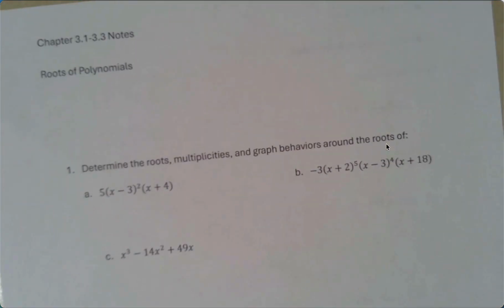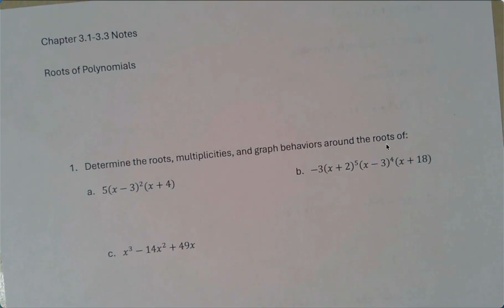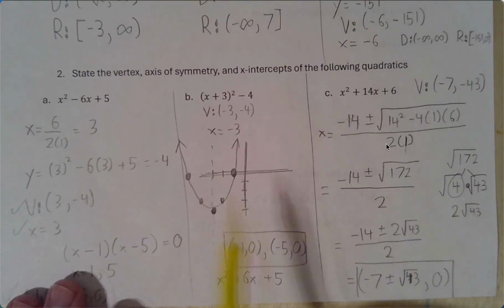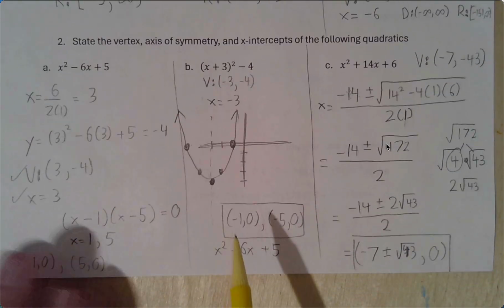Okay, from there, there's other main things we care about with polynomials, which are their roots. Now, we just spent a lot of time looking at those roots because roots, by the way, is another way of saying x-intercepts.